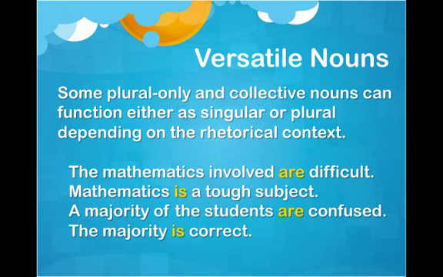Look at these examples, and these are inspired by Coleman Gray's examples in chapter 12. The mathematics involved are difficult. Here I'm trying to stress that there's a bunch of different branches in math. I want to stress its diversity. If I want to talk about it as one complete thing, and it is a tough subject, mathematics is a tough subject.